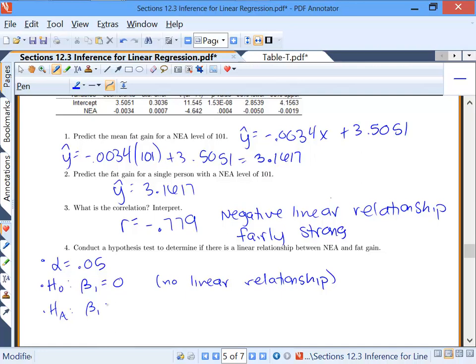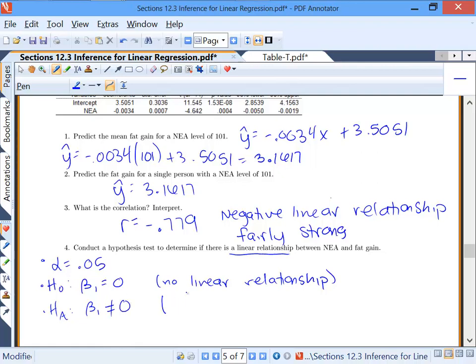Okay, so you're thinking we should do less than 0 because my slope was negative, so that's what you're already suspecting. However, if you look at the problem, I just said test to see if there is a linear relationship, and I didn't tell you whether I suspect that it's positive or negative. So in this situation, let's go ahead and do a two-sided, because it only just asked if it's a linear relationship, didn't ask whether it's positive or negative.